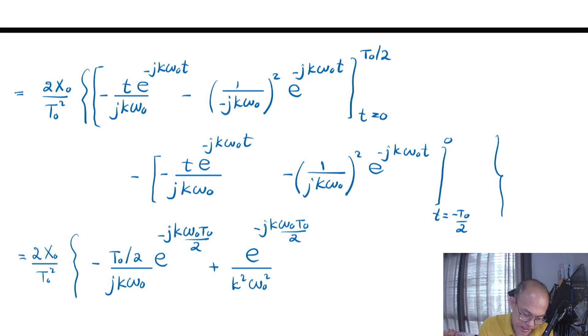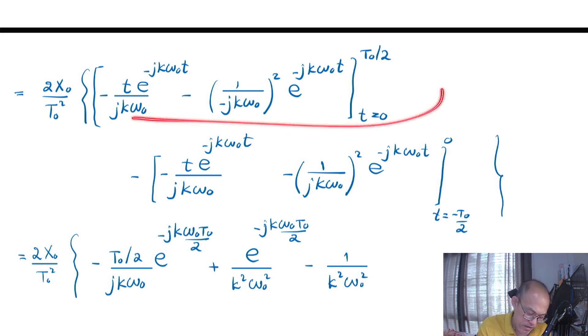As for t equal to 0, this term will go away, but this thing will be 1, so I have to subtract 1 over k squared omega 0 squared. Now I've taken care of this one.